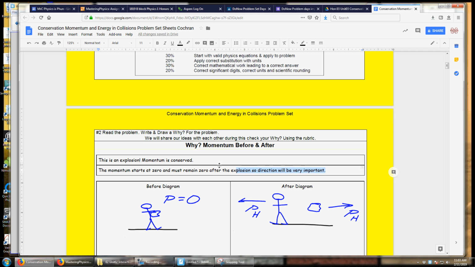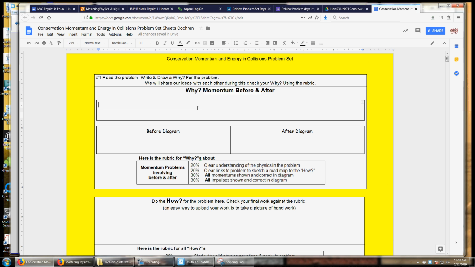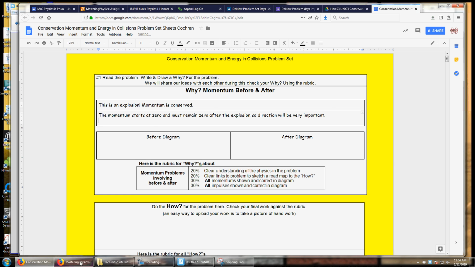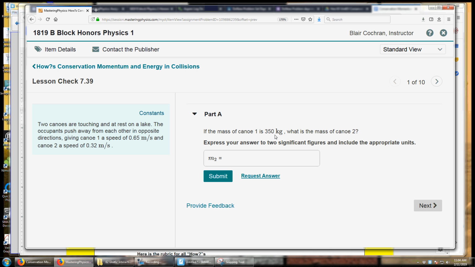I think I'll grab this. Put it here. And let's see. Canoe 1 moves at this, and Canoe 2 moves slower. I'm going to predict that the mass of Canoe 2 is more than twice the mass of Canoe 1.